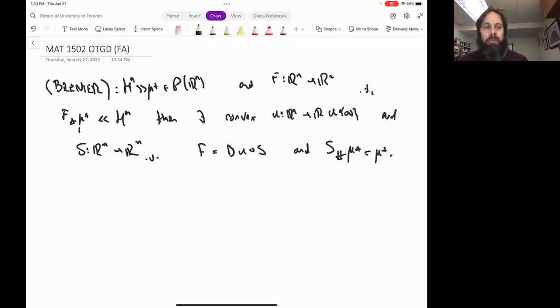So maybe before I give the proof, let me try to motivate it with some of its applications. So we also talked about how if mu plus was a Gaussian, mu minus was a Gaussian, then the mapping between the two things would be linear.